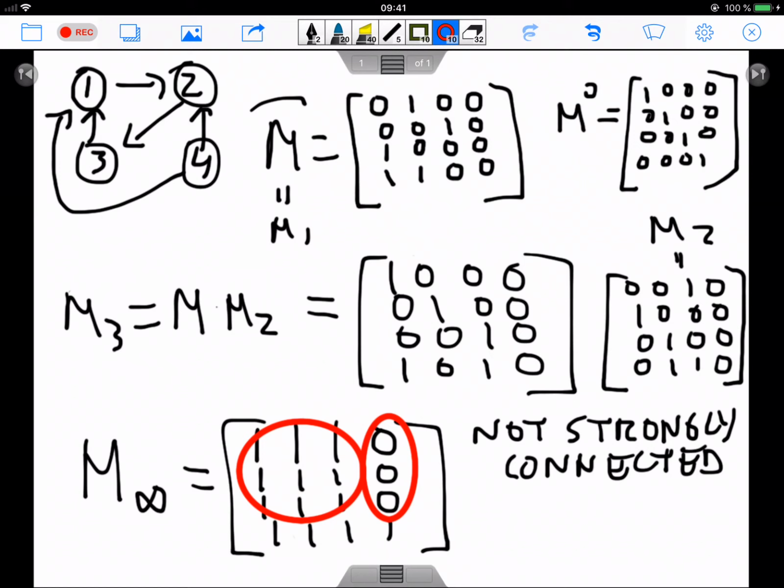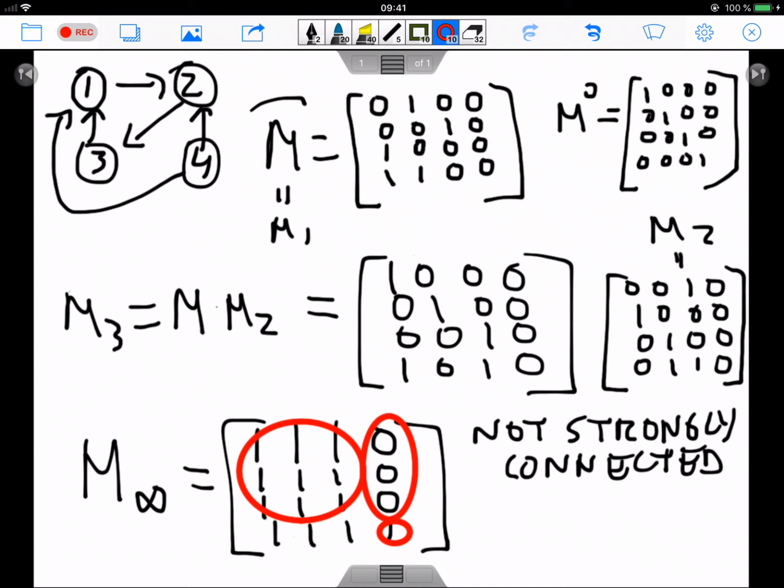So the graph formed only by vertices 1, 2, and 3 is strongly connected. That is a strongly connected component of the graph. And of course, the other strongly connected component of the graph is 4 by itself, because 4 is reachable from itself, but no other vertex can reach 4.